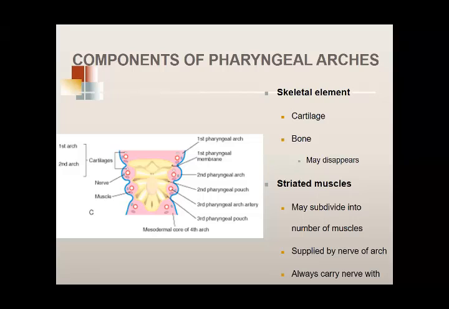And in the cervical region, it is supplied by the phrenic nerve, C345. But जब it descends into the thorax, it takes its nerve with it. Okay? So wherever these muscles go, they take the nerve supply with them.